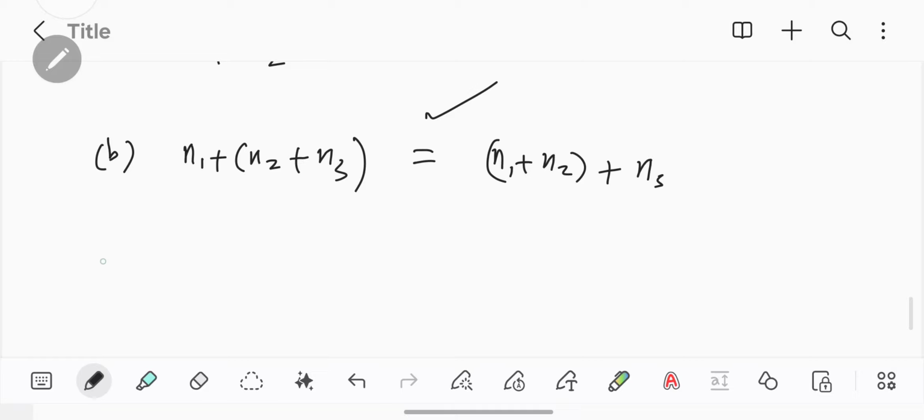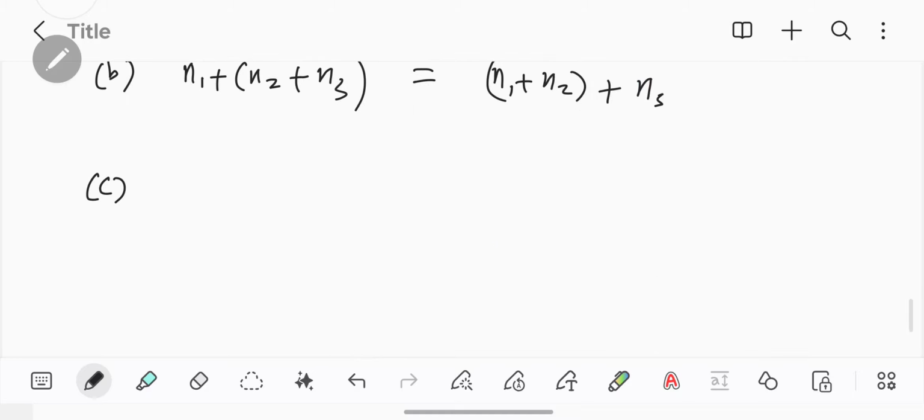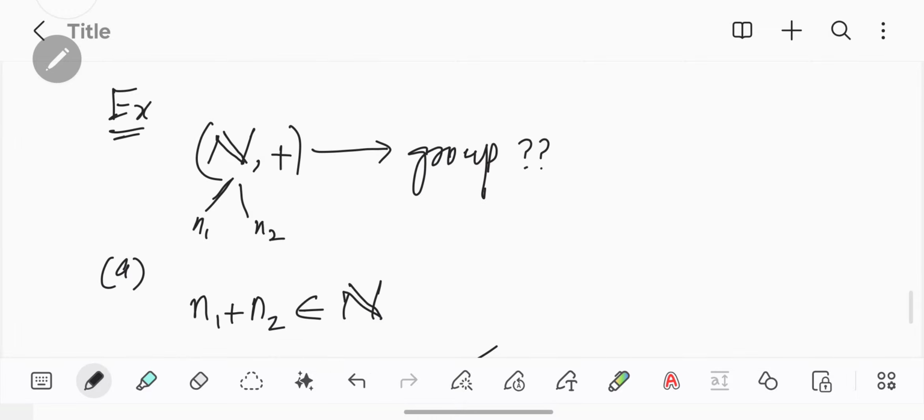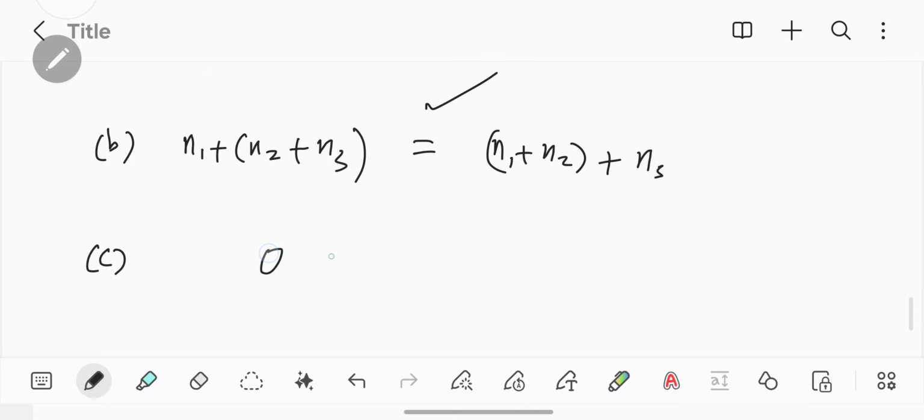Okay, let's look at the third property. The third property says there is an identity, right? With respect to addition, we will check whether there is an identity or no. In the additive group, we consider that the identity is 0, since if you add 0 to any number, you will get the same number. That means this is a number which does not change the shape of any number.